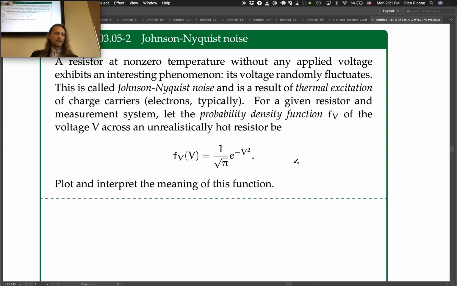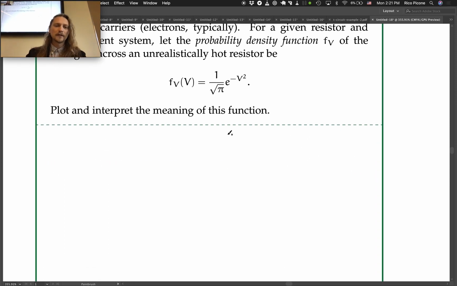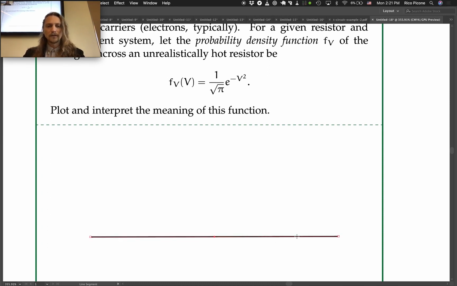So, do you guys know what this curve will look like? 0, 1, 2, 3.